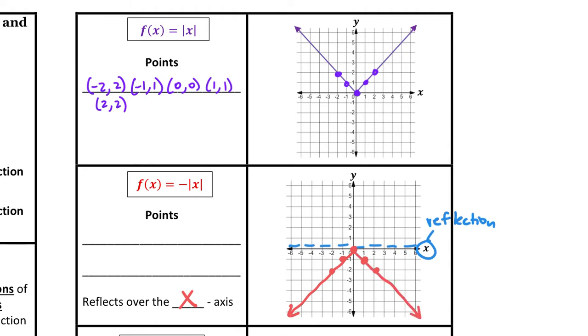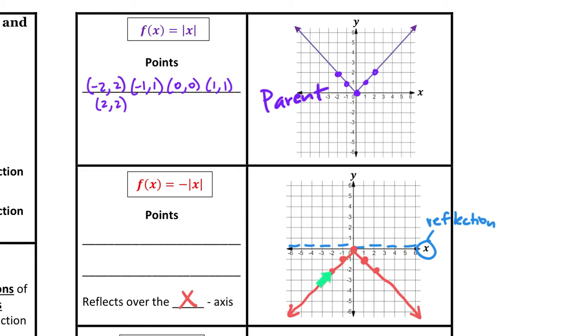Notice if we compare to the parent function, again, this is the parent. These are opening like a V opening upwards, but the moment I have a negative in front, there's a reflection over the x-axis, so it points them downwards.